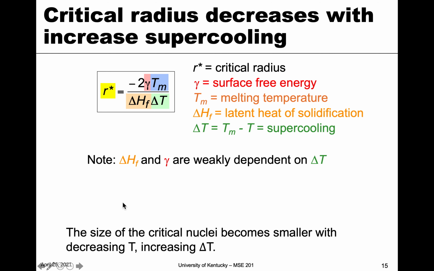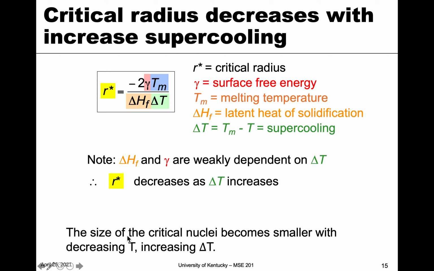A couple other notes to mention here. Enthalpy and surface energy are weakly dependent on temperature, but not as much as the R star. These can change with temperature, but for the most part, they're only weakly dependent. So what we see is that R star will decrease as supercooling increases, right? So the temperature decreases overall.